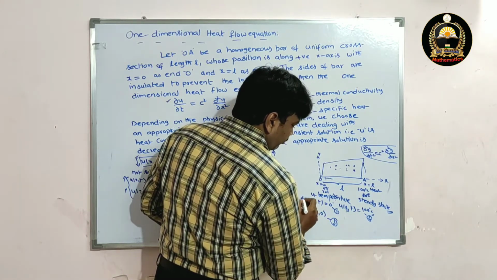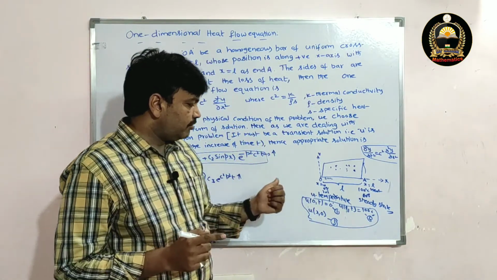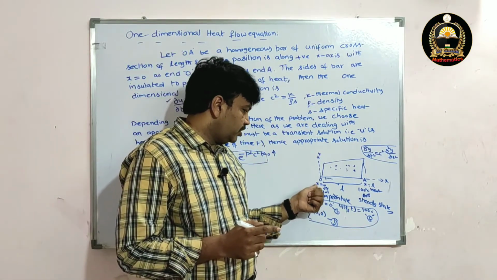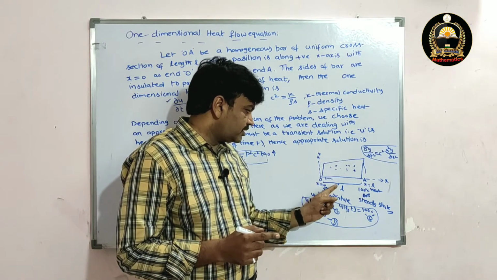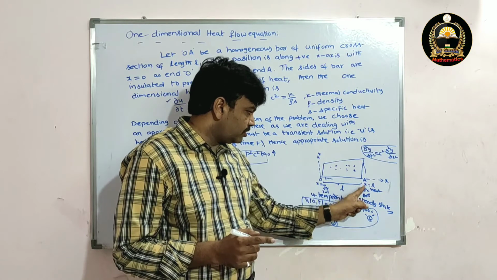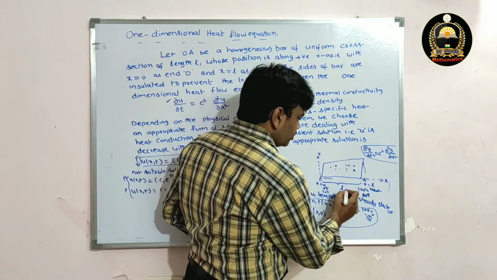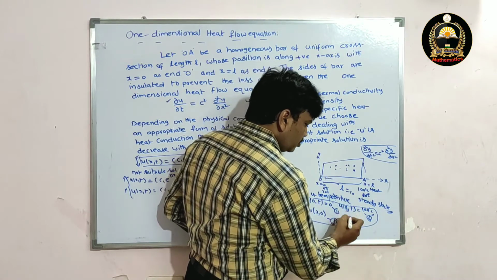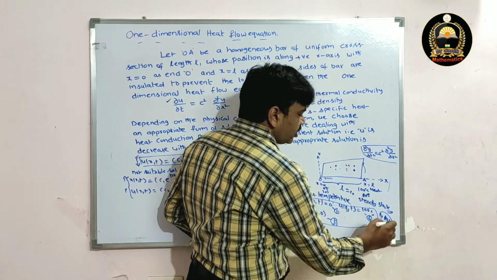Students, once again, what are the conditions? The end temperature is denoted by u of 0 comma t. The length is L, so I can write u of L comma t. Suppose L is 10, so the condition is u of 10 comma t.